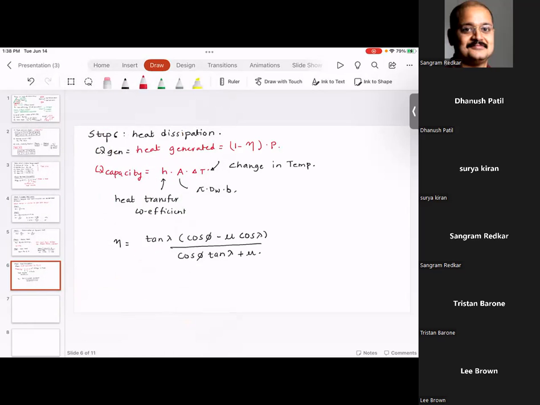Where lambda is the lead angle or the helix angle, phi is the pressure angle, and mu is the coefficient of friction.